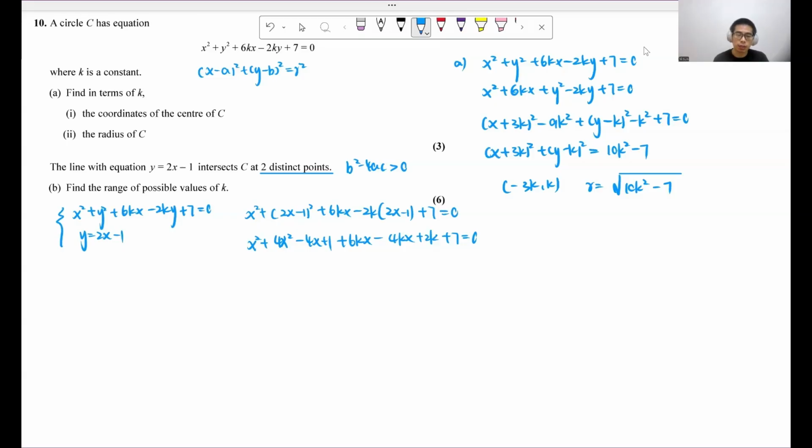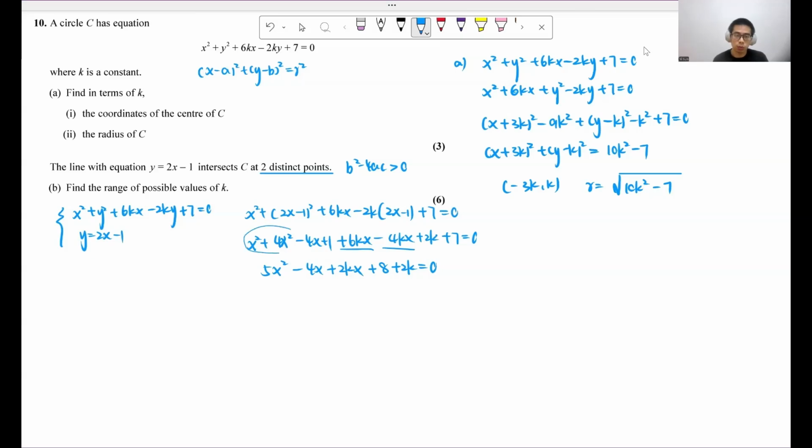And then simplify that. That would be 5x squared and then minus 4x. The two k terms are also x terms, so that would be plus 2kx. And for the number terms, 1 plus 7 is 8, and then plus 2k equal to 0. That would be the final simplified equation.